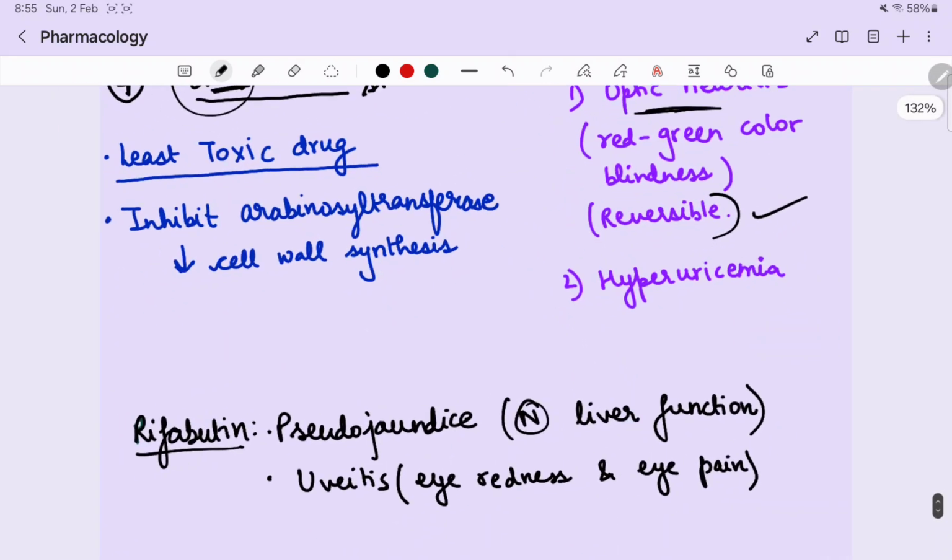One more drug which can cause eye redness, eye pain, that is uveitis, is rifabutin. Rifabutin is given in HIV patients because of the HIV drugs, and it is a weaker enzyme inducer. To prevent interaction, we give rifabutin. And another side effect is pseudo jaundice, where the patient will present with yellowing of skin, but there will be normal liver function.